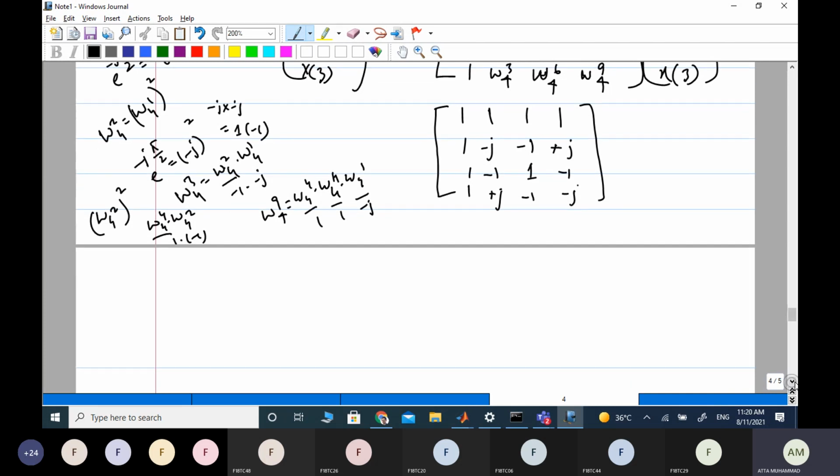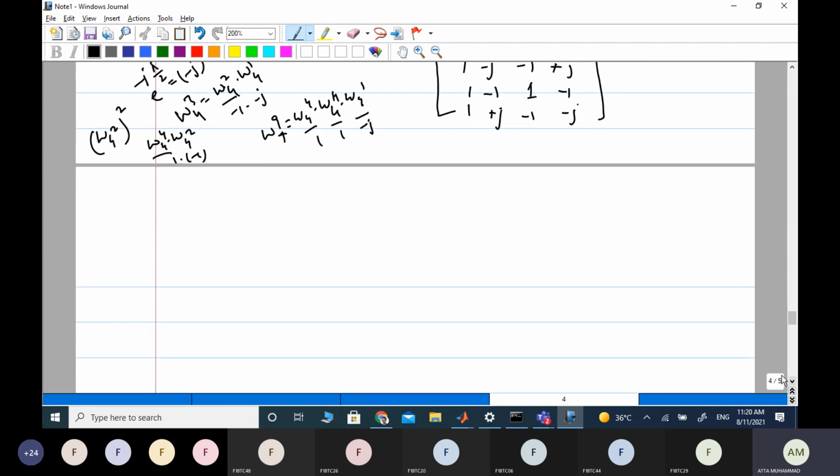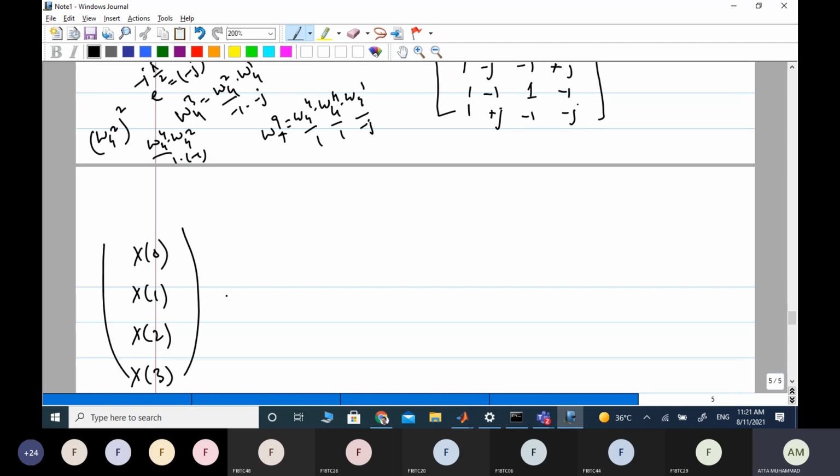Now once we have computed this matrix, our life has become very easy. So we have x of 0, x of 1, x of 2, x of 3, right? And that is equal to the matrix 1 1 1 1, 1 minus j minus 1 plus j, 1 minus 1 plus 1 minus 1, 1 plus j minus 1 and minus j.